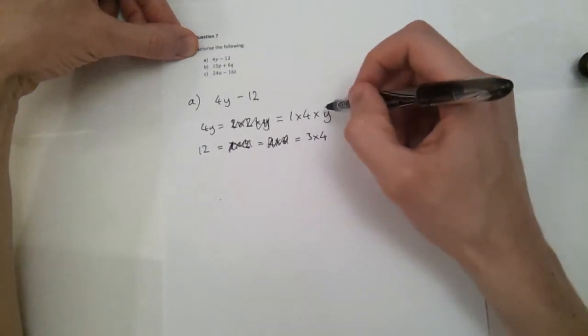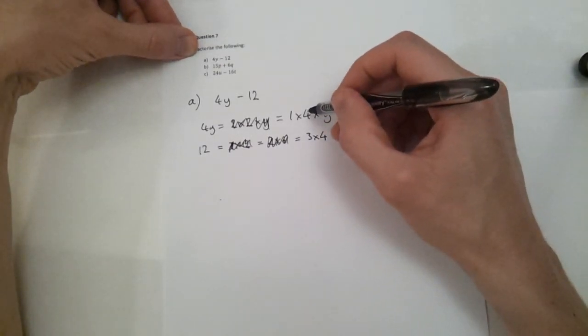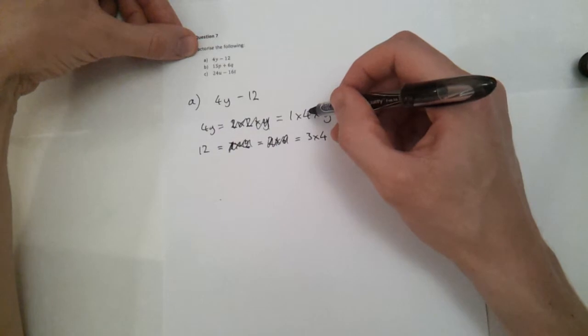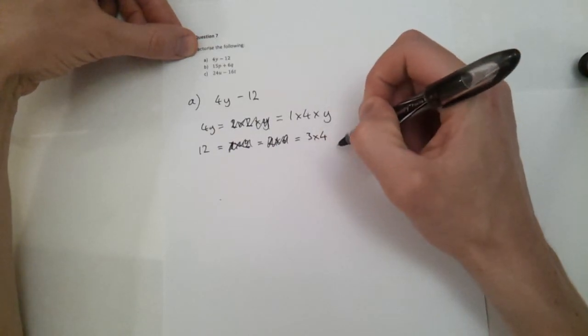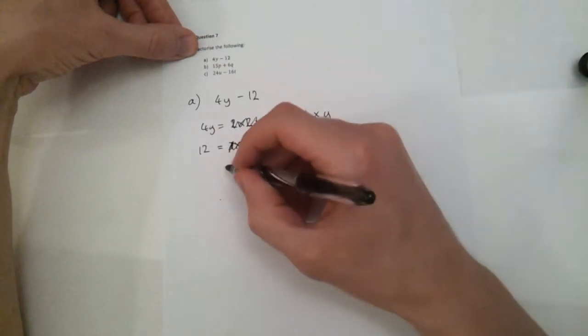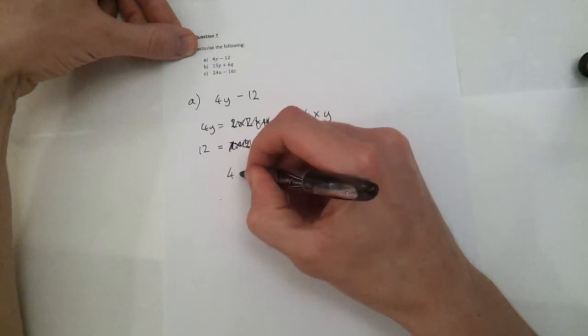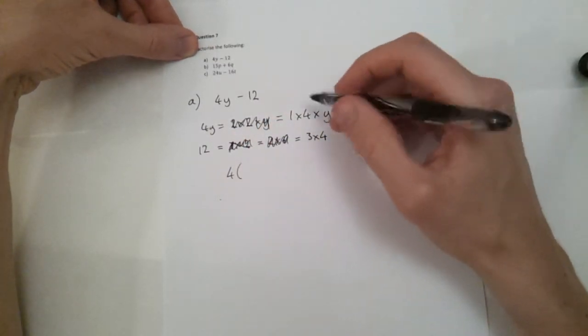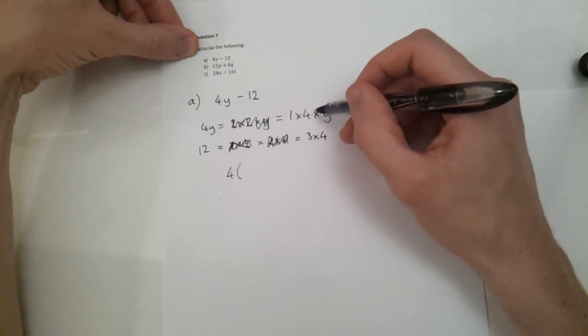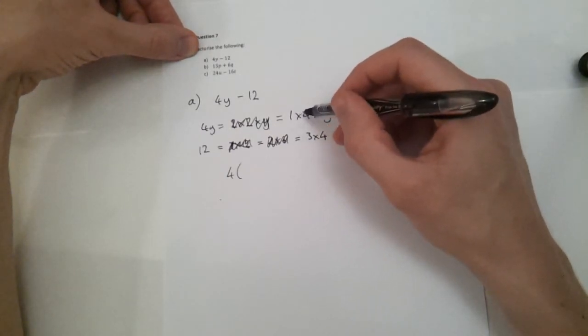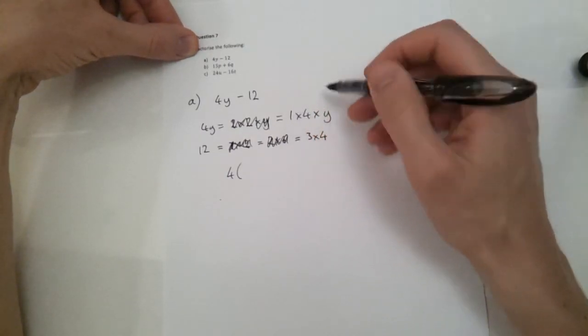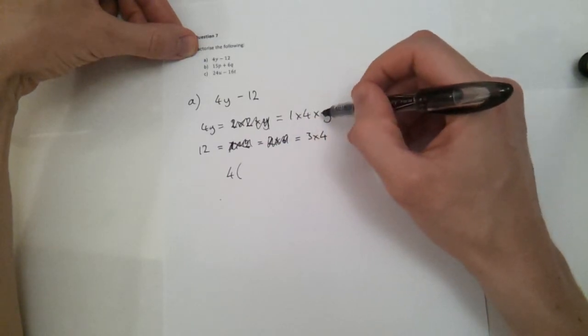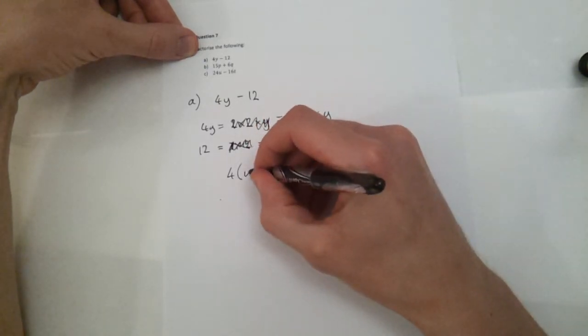So if we look at this then, we're going to take the highest common factor out of this, which is 4 and 4 out of here, and we're going to put that on the outside of the brackets. Now inside the bracket we're going to have basically what's left over. Now here timesing by 1 doesn't change it, so we can forget about the timesing by 1, but we do need the y from there.